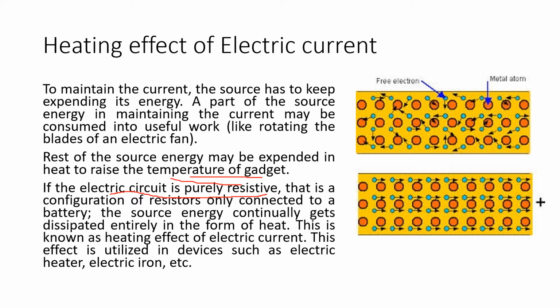So you have only a resistor connected to a battery. In this case, electricity is not converted to light or mechanical energy or sound energy or any form of energy except heat. So there are devices like electric heater, electric iron, which work on this principle.